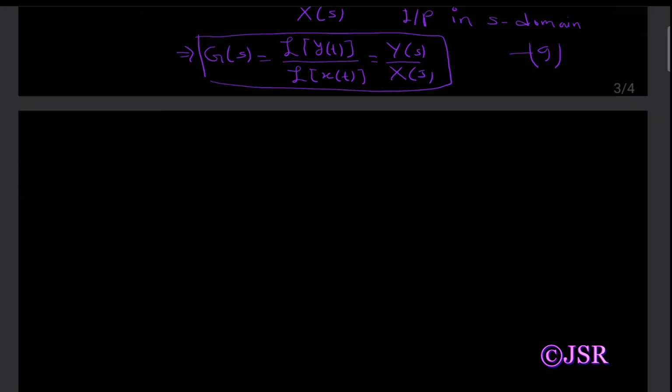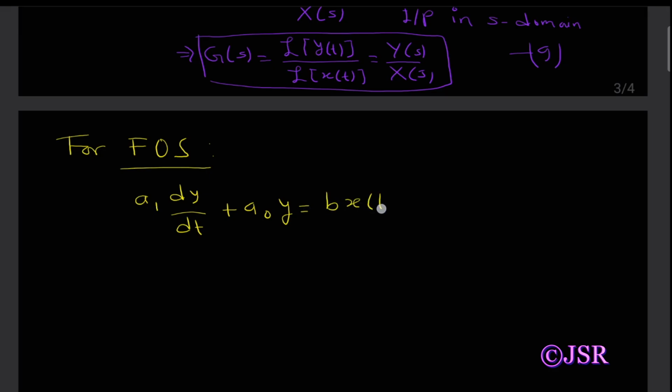So now let's find the transfer function for first order system. So for first order system, we will have a1 dy by dt plus a0 y equal to b x of t.